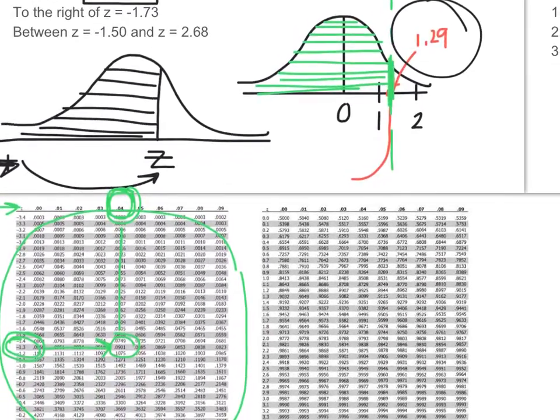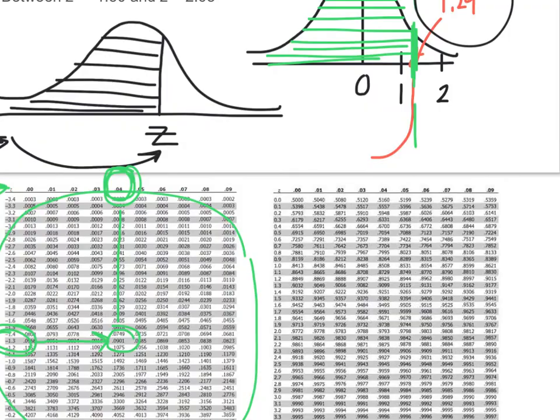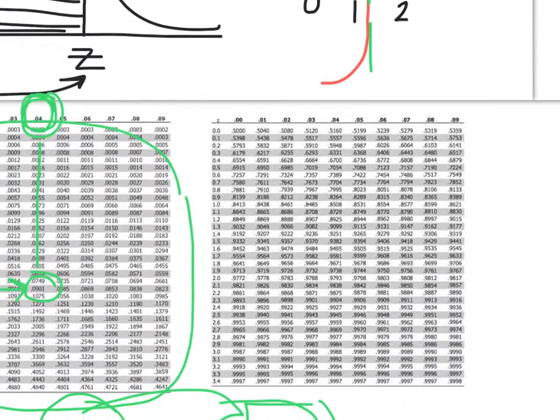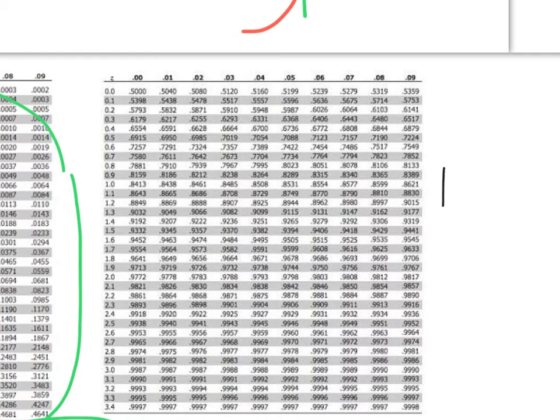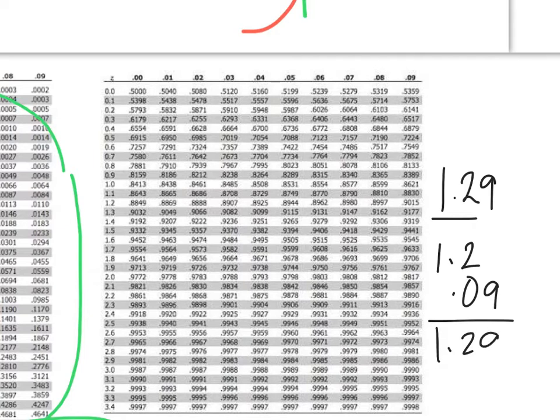To apply that, we have to locate 1.29. And again, to do that, you have to break 1.29 into 1.2 and 0.09. So 1.2 is here, 0.09 is here.